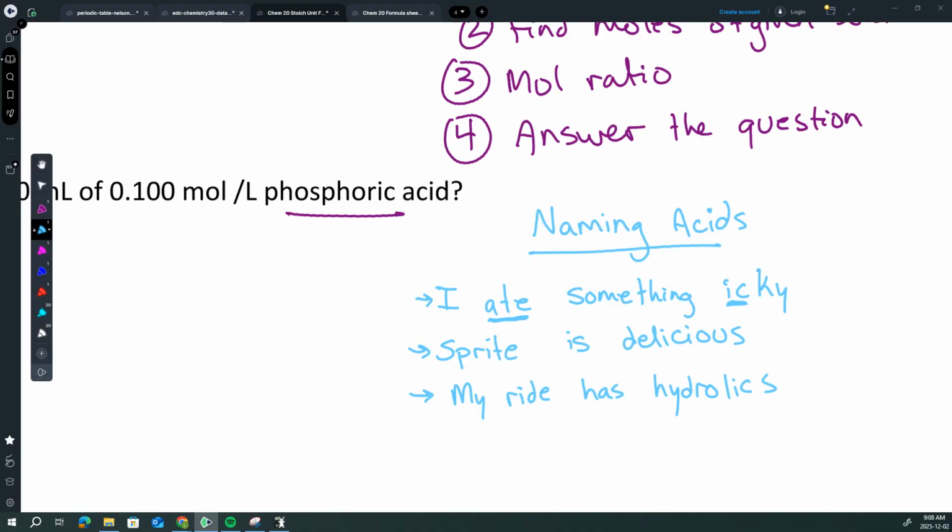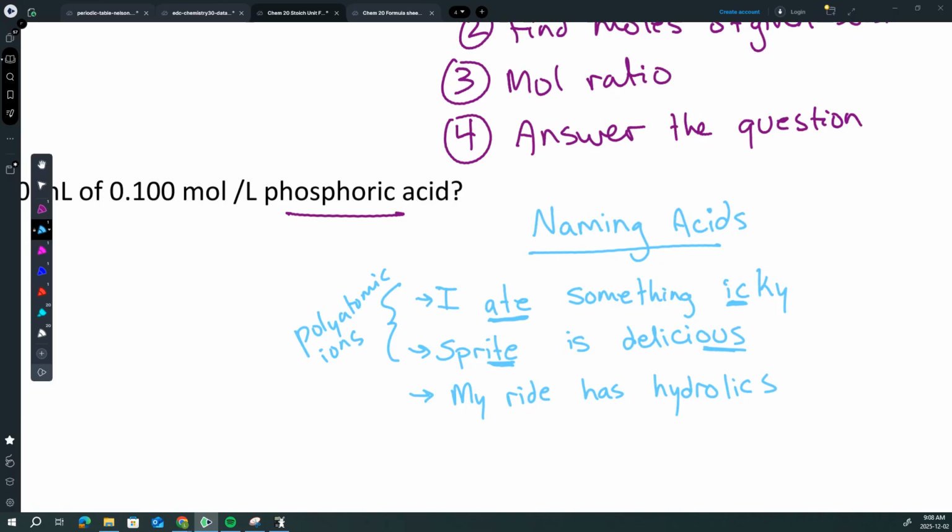For the second sentence, that's another reference to polyatomic ions. If your polyatomic ion ends in ite, your acid name is going to end in ous acid. So these 2 are for polyatomic ions, where hydrogen is paired with some polyatomic ion.